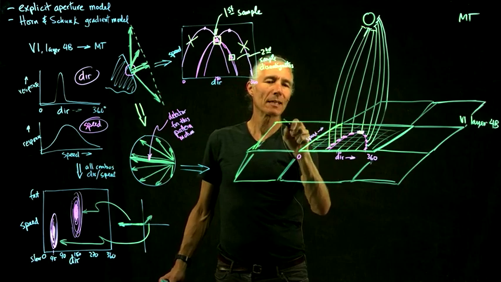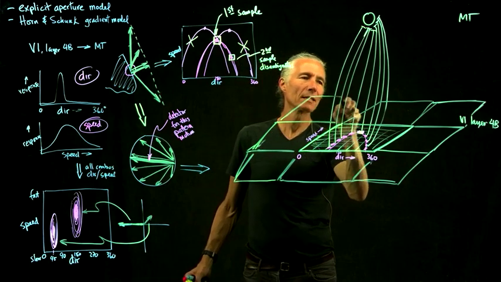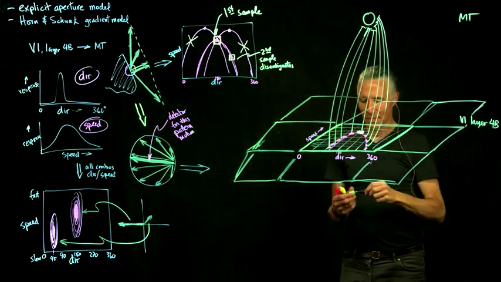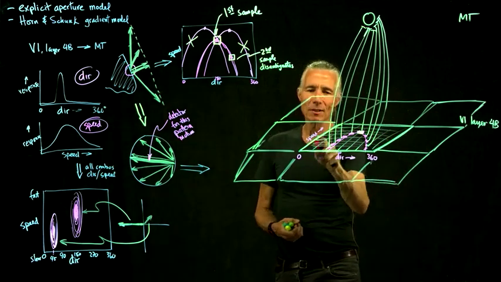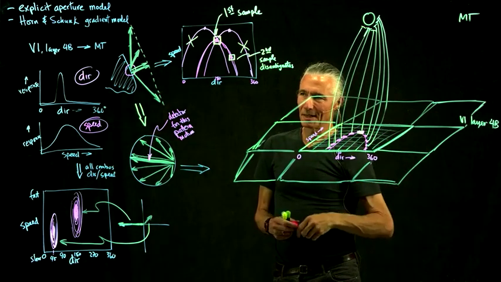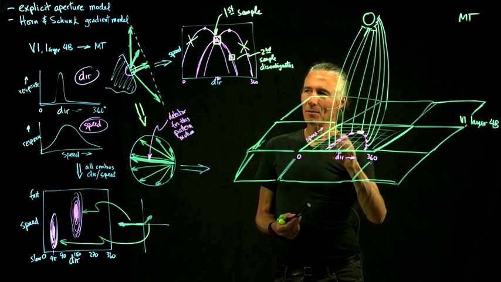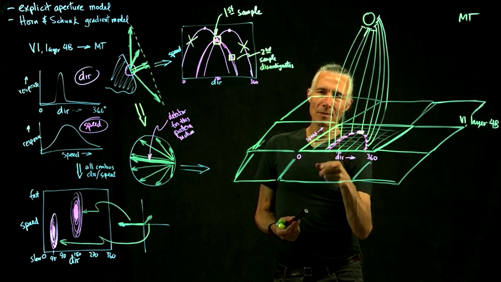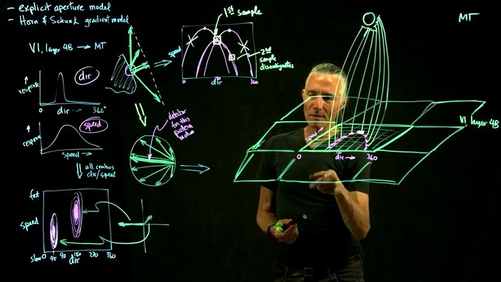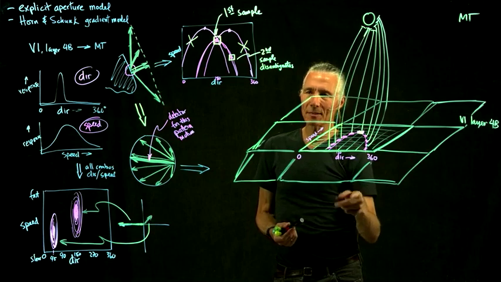So basically what we're saying is at each point in space, we have all these speeds and directions. It's kind of like orientation columns, except these are direction and speed columns. The same way that with orientation columns, at one point in space we have all different orientations, you go to another point in space, all different orientations.